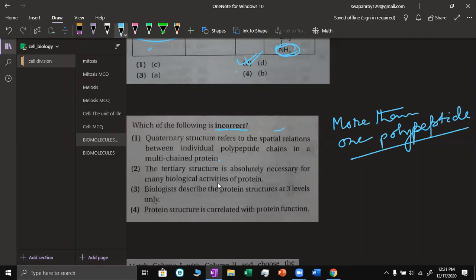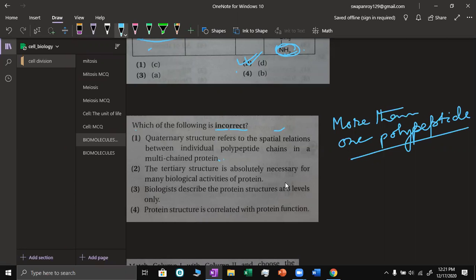So this one is incorrect. Quaternary structure refers to the spatial relationship between individual polypeptide chains in a multi-chain protein. This is correct.